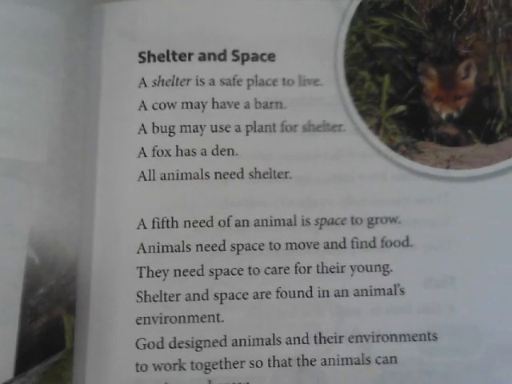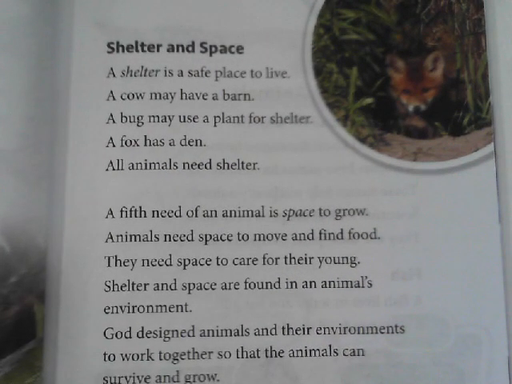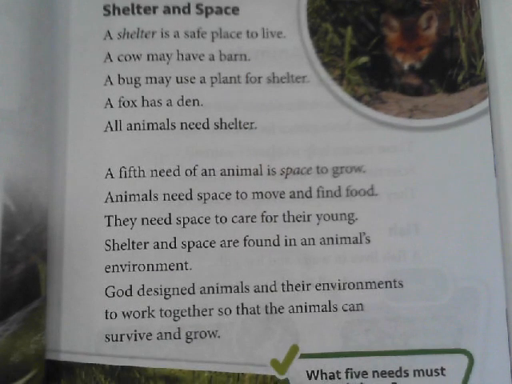Okay, shelter and space. A shelter is a safe place to live. A cow may have a barn. A bug may use a plant for shelter. A fox has a den. All animals need shelter. A 5th need of an animal is space. Space to grow. Animals need space to move and find food.